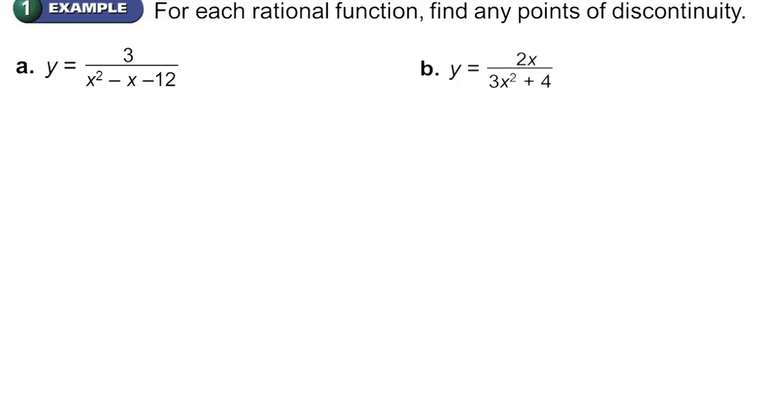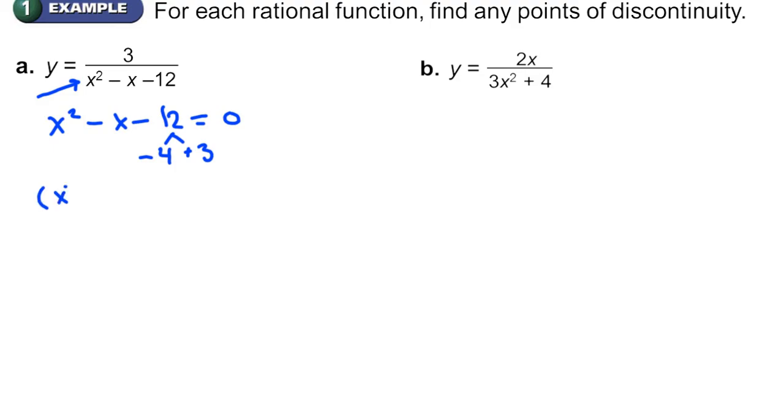Looking at example A, we look at just the denominator. So we have x squared minus x minus 12 equals 0. Find factors of negative 12 that will give you a negative 1. So we are going to do negative 4 and positive 3.